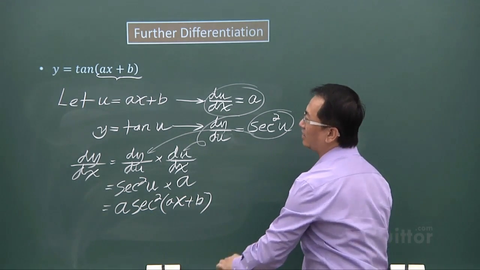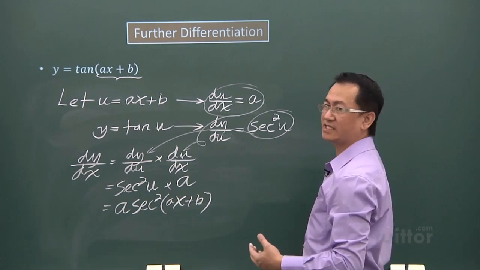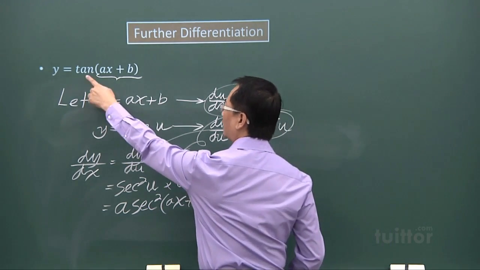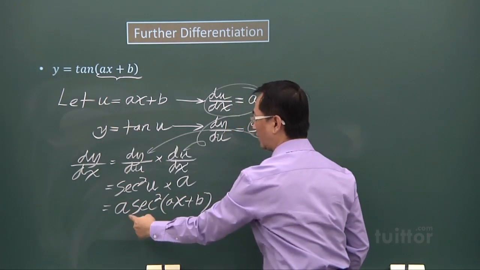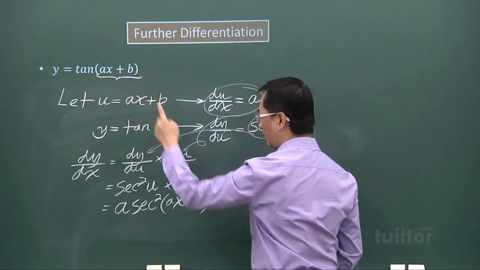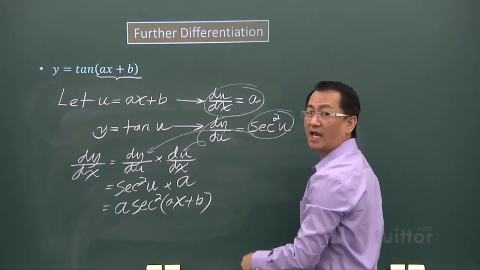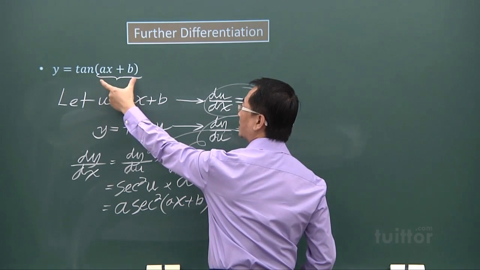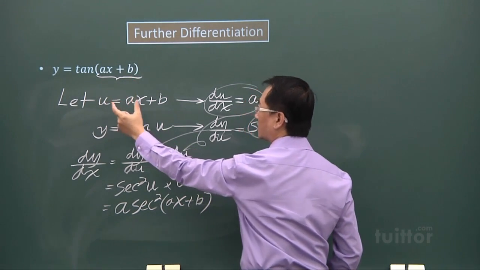So if I think shortcut for this question, then I will take differentiation of tangent, giving me secant squared. The angular part remains the same. Then I'll differentiate the algebraic expression here for the angular expression.